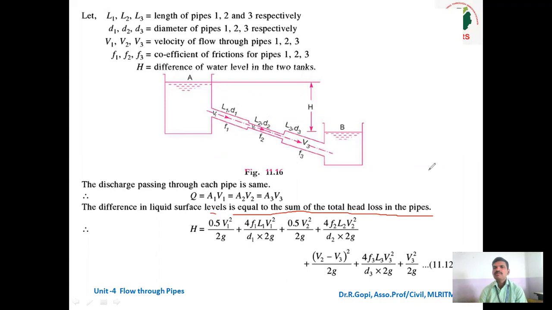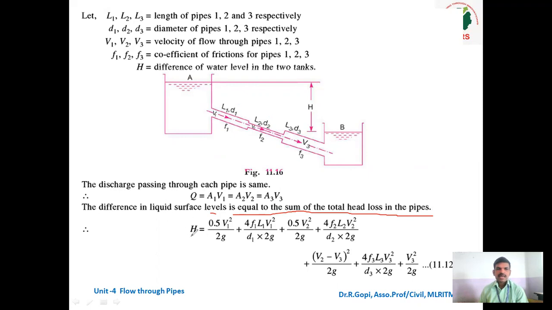This point is very, very important. The height difference between the water surfaces of tank A and tank B is equal to the sum of the total head loss, that is, the sum of major loss and minor loss in the pipe.